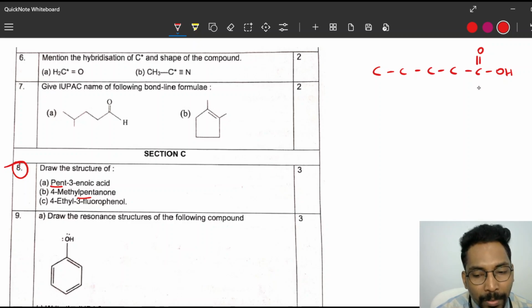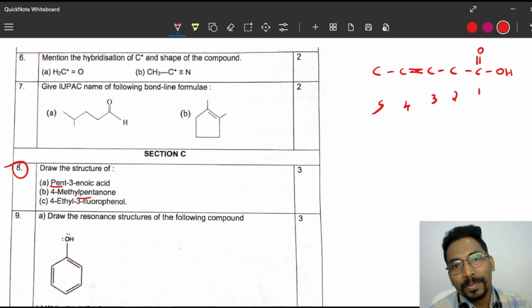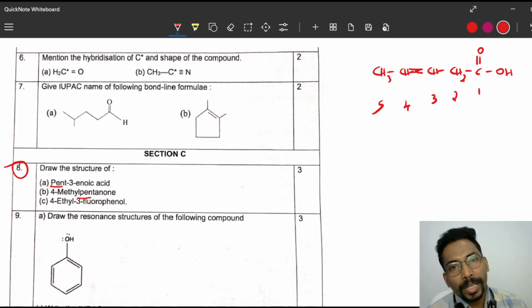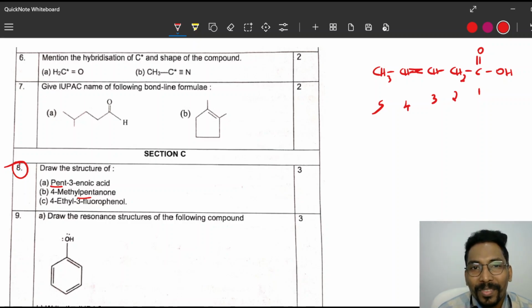You have to start numbering from this side. 1, 2, 3, 4, 5. So on third carbon you have to make the double bond here. Okay. Like this. Now you can fill with hydrogens. CH3, CH, CH, CH2, COOH. Got it? Clear? So this is pent-3-enoic acid.